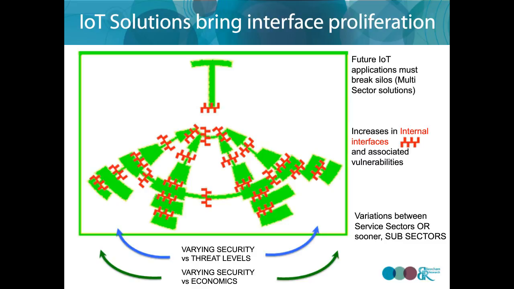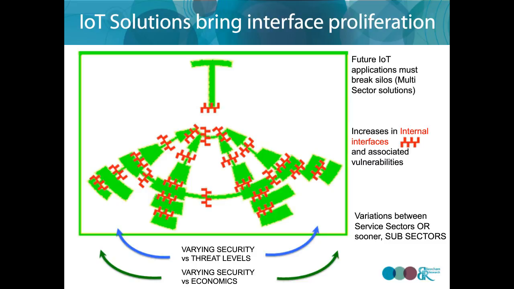And the other thing to bear in mind here is that there might be different security or threat levels for different sectors. So in this particular example, we used consumer and home as one sector, and transportation and healthcare as other sectors.